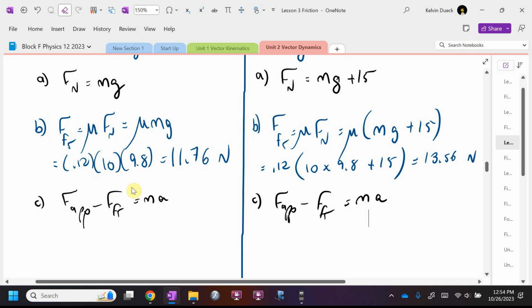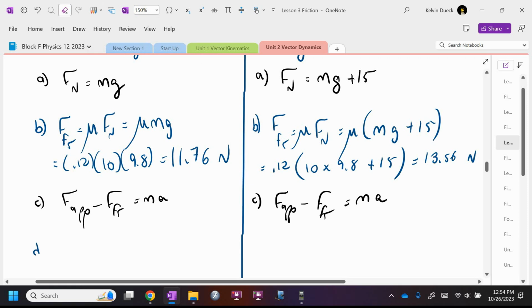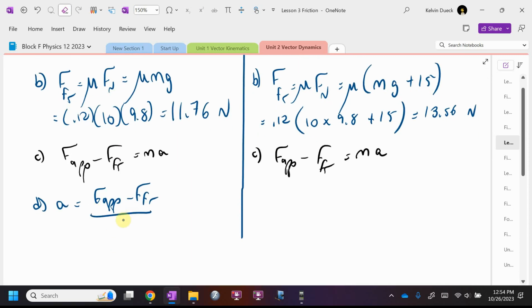What does D want me to find? How would I get the a by itself? a is going to be F applied minus friction, divided by m. In fact, I can solve this now.